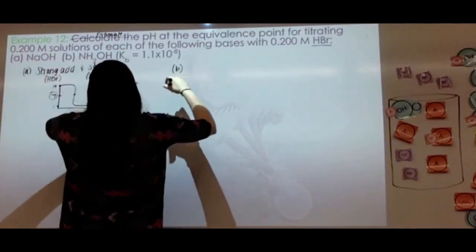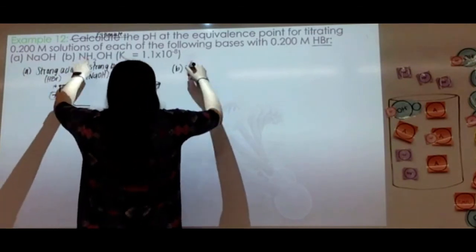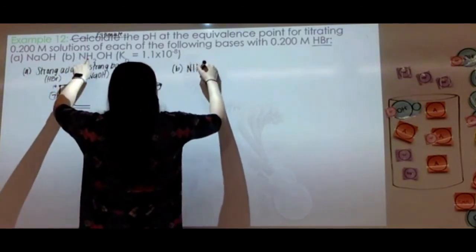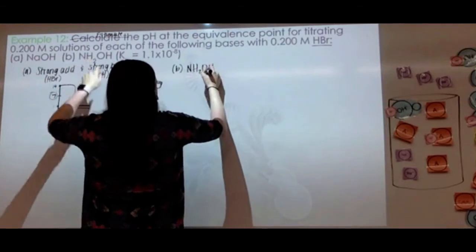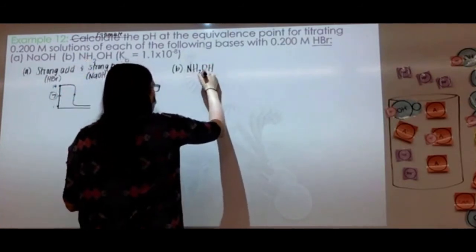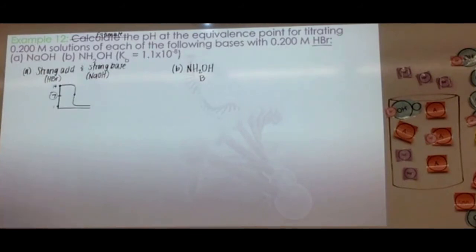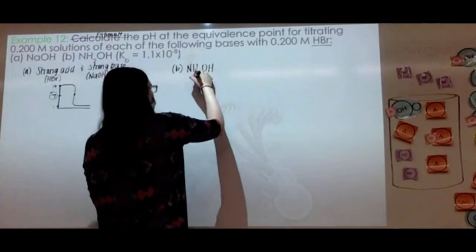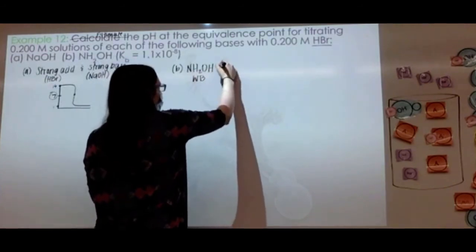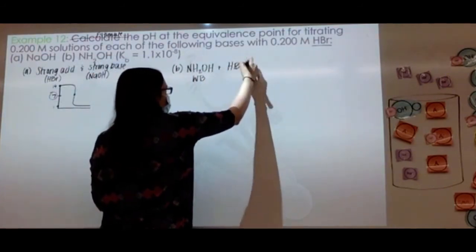So B, we have NH2OH. It's got this OH, which means it's a base. But is NH2 one of the cations that would produce a strong base? No, this is a weak base. And we're adding HBr, which we already said is a strong acid.